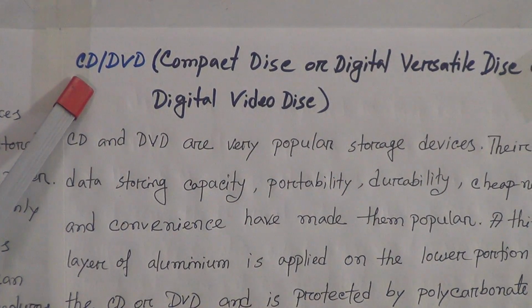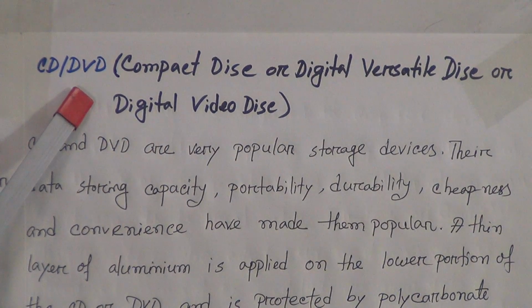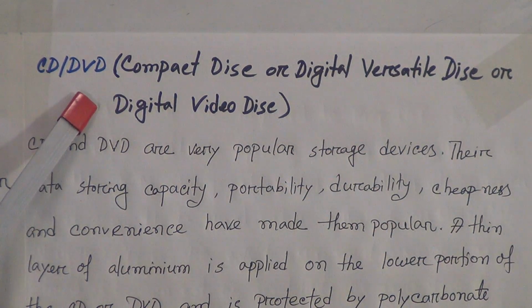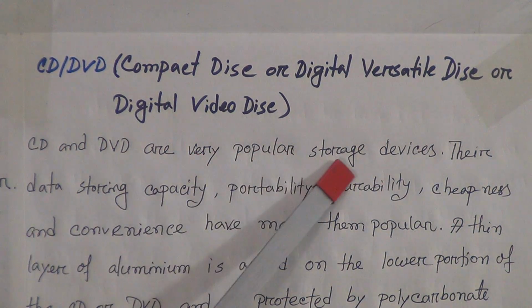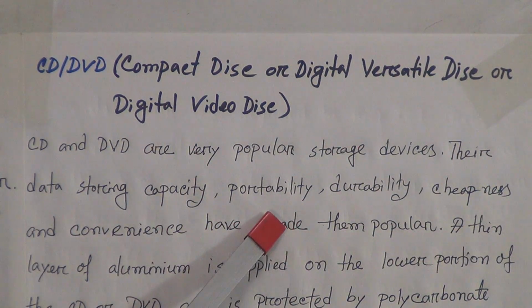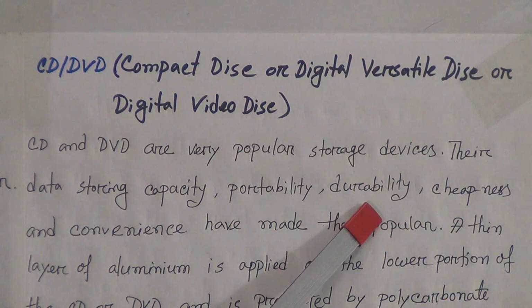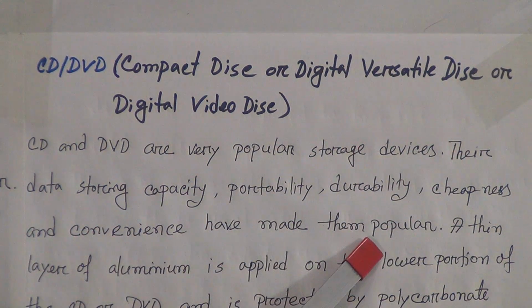CD means compact disk and DVD means digital versatile disk or digital video disk. CD and DVD are very popular storage devices. Their data storing capacity, portability, durability, cheapness, and convenience have made them popular.